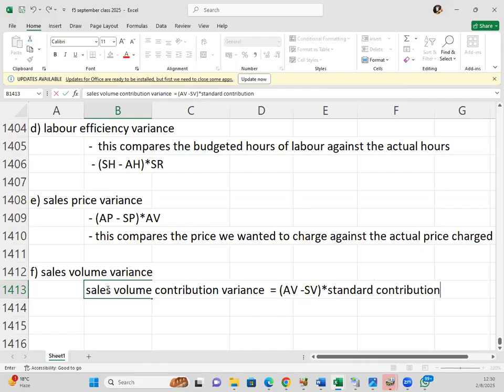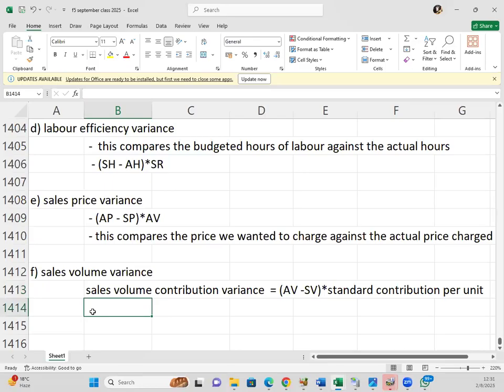Given the actual, you use the standard contribution per unit.